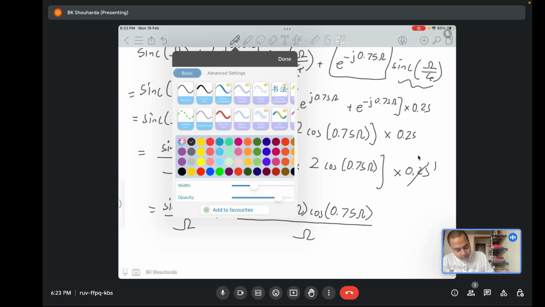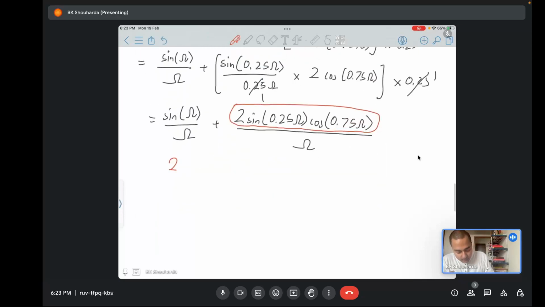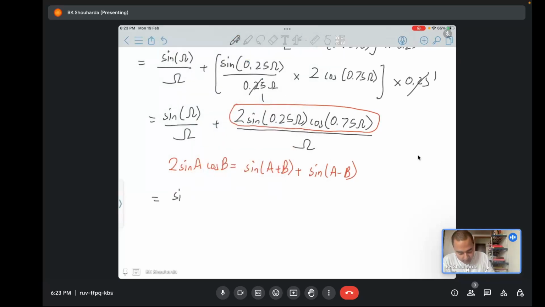Now, doesn't this look familiar to you? What should we be using over here? 2 sin a cos b is sin of a plus b plus sin of a minus b. Alright, so what do you have over here?